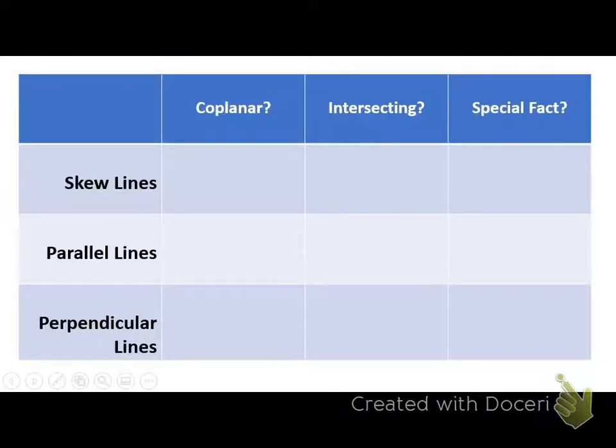So we're going to go through the list and decide if these lines are coplanar, are they intersecting, is there something special to know about them. We can start with skew.